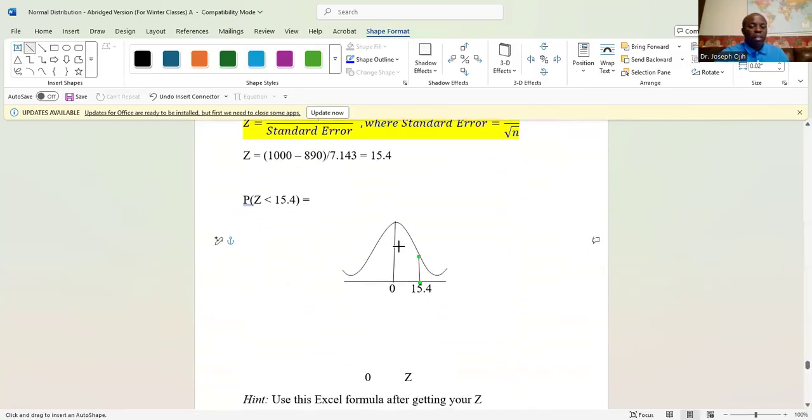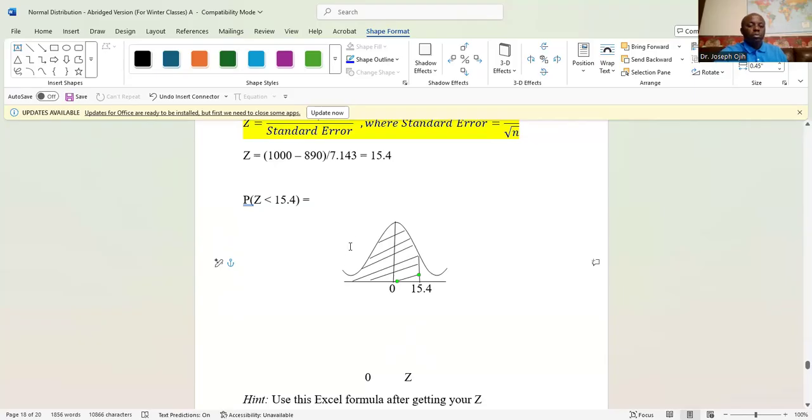Everything on the left side is less than 1000 hours, which is less than Z. See? Less than that.